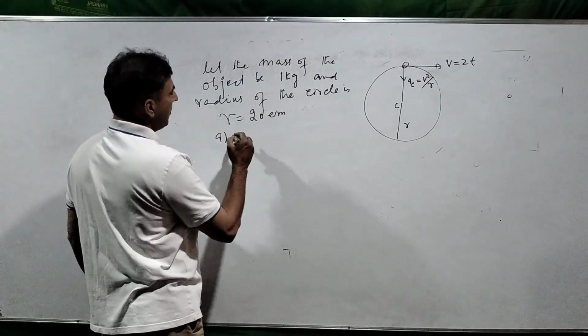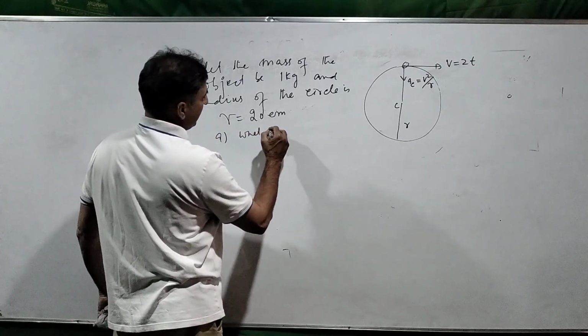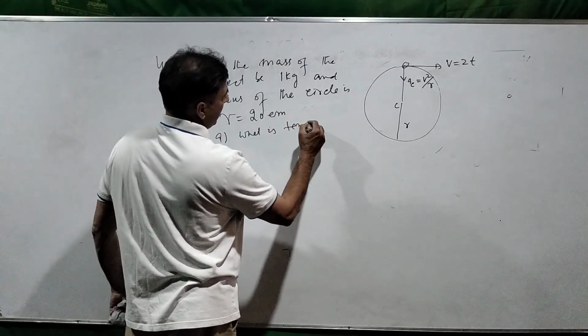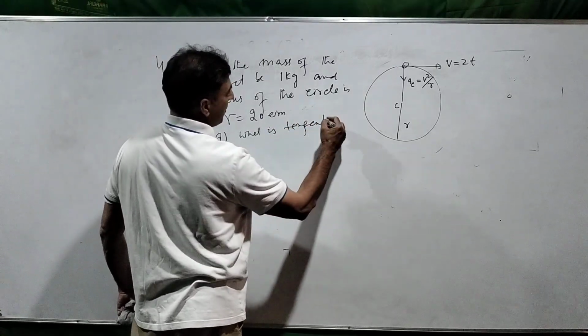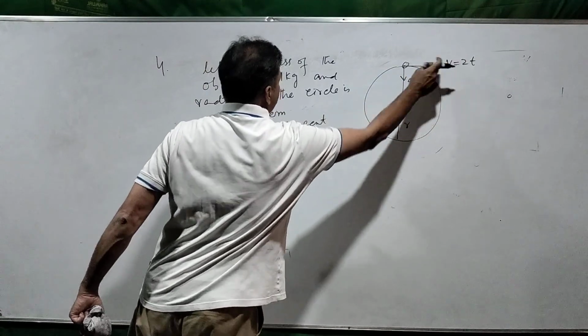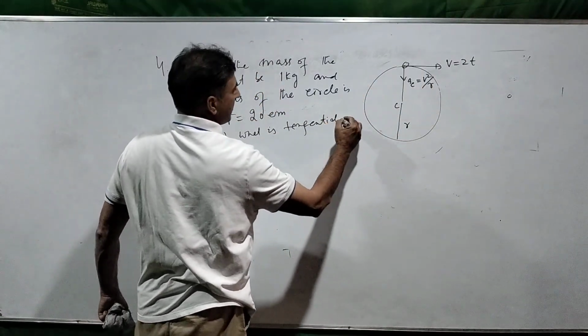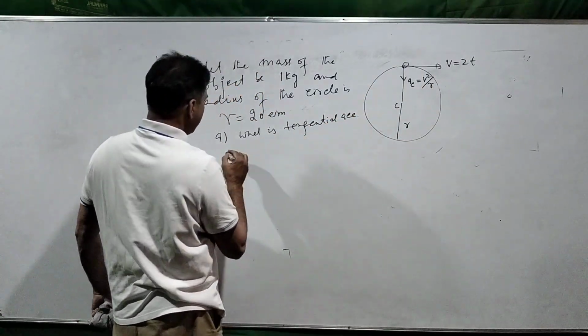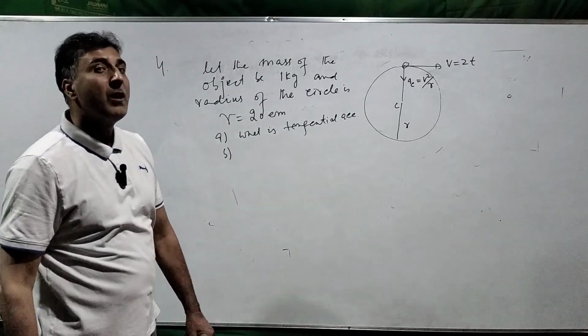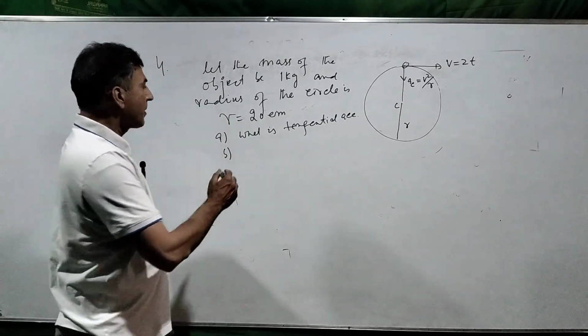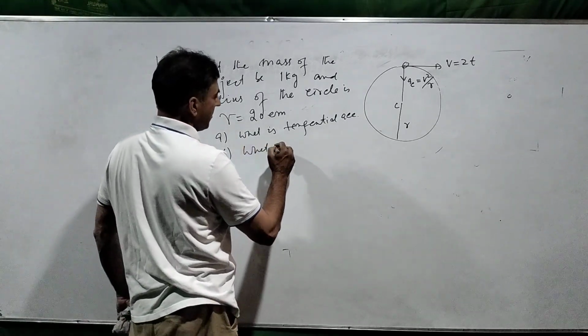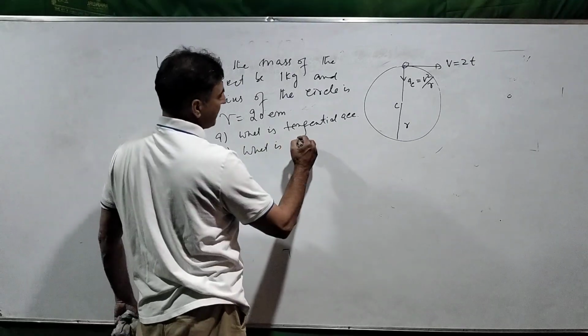Question: what is tangential acceleration? It's a non-uniform circular motion because speed changes with time. What is tangential acceleration? Second question, what can be second question asked? What is centripetal acceleration?